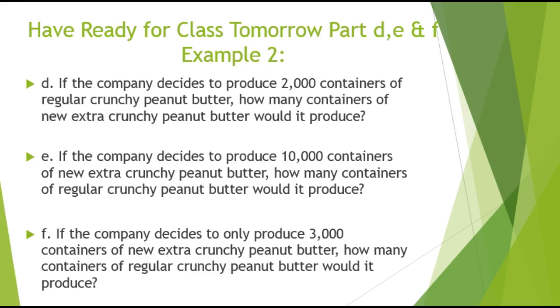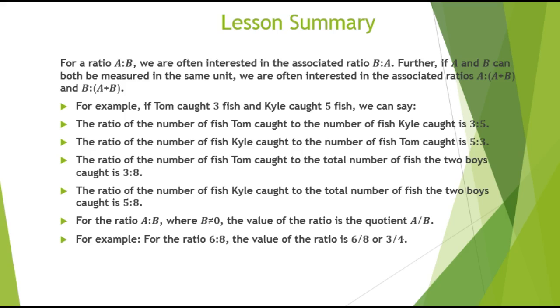And part F. If the company decides to only produce 3,000 containers of new extra crunchy peanut butter, how many containers of regular crunchy peanut butter would it produce? Just a little hint: you could use some of the comparisons that we did before in the first parts of example 2 to help you answer these 3 parts. Have them ready for class.